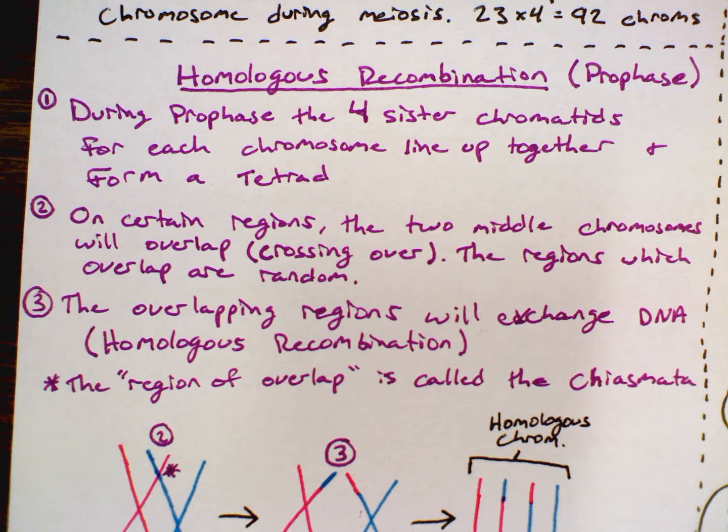So again, this is all prophase. Homologous chromosomes come together, form a synapse. That structure is a tetrad. They will overlap or perform crossing over in random regions down the 2 middle sister chromosomes, or down the 2 middle homologous chromosomes in that tetrad. We'll exchange that DNA. That exchange is called homologous recombination, because we are recombining the DNA on the homologous chromosomes.